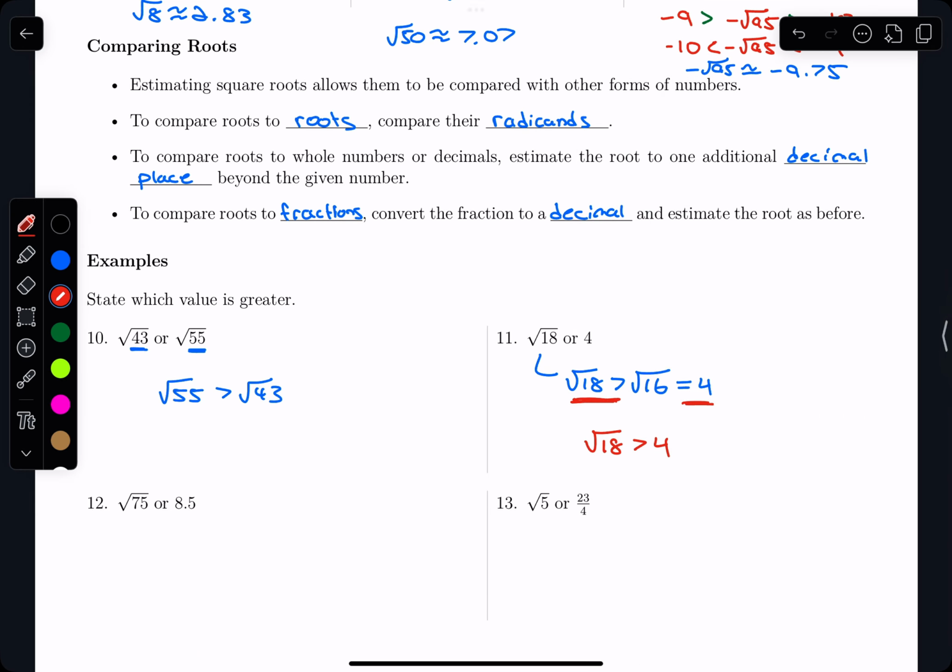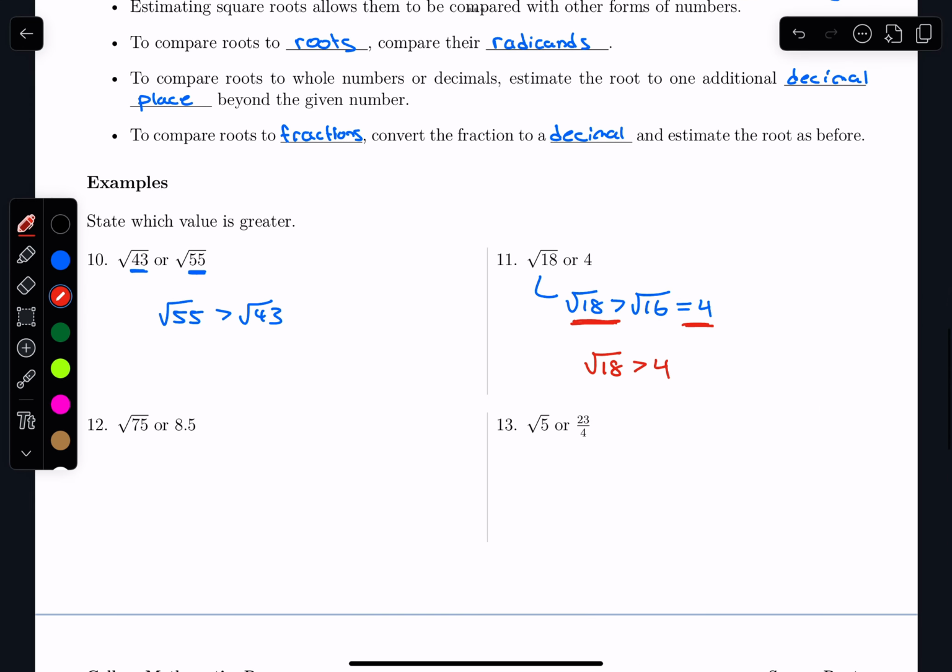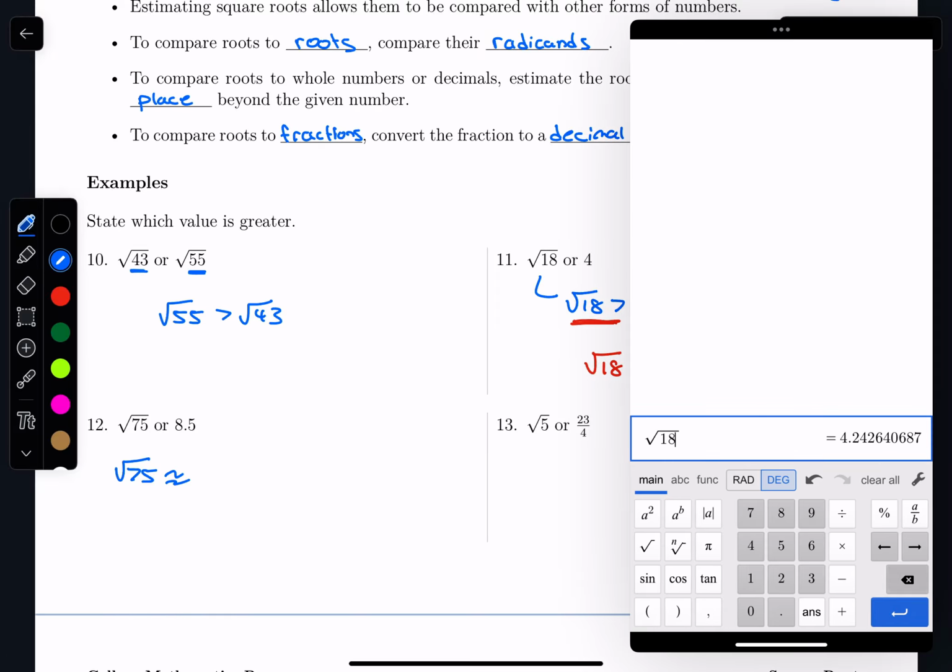Number 12, we want to compare the square root of 75 to 8.5. So what we're going to do is approximate square root 75, and because 8.5 has one decimal place, I'm going to approximate the square root of 75 to 2 decimal places. So square root 75 is approximately 8.66, where I need to make sure I bring that second 6 in there to make sure I have enough decimal places to actually compare.